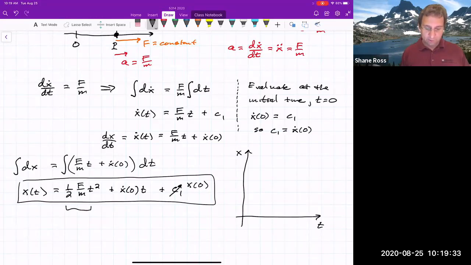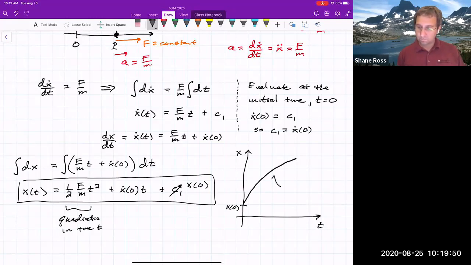So now we have something that's quadratic in time t. So if we had some initial position, our curve will do something quadratic. So x changes quadratically with time.